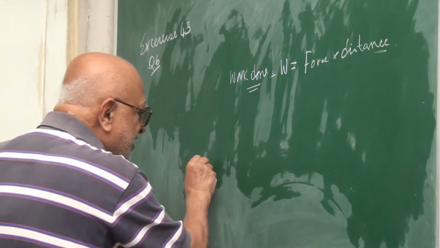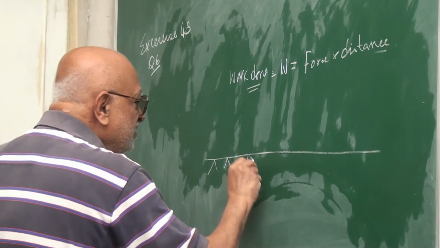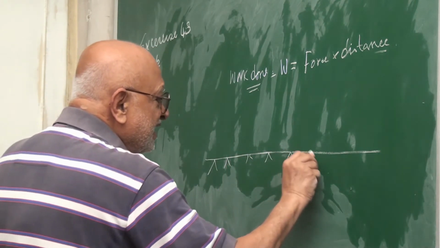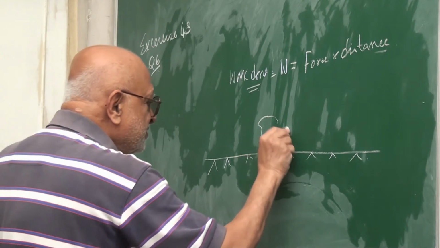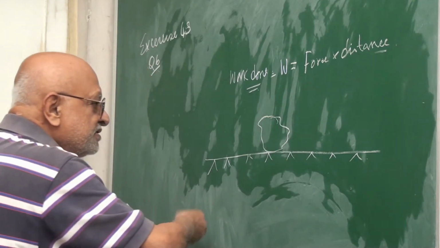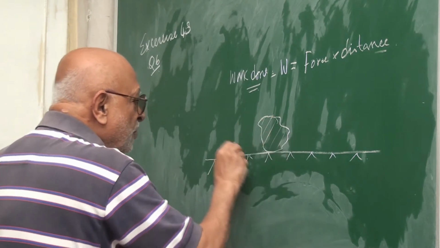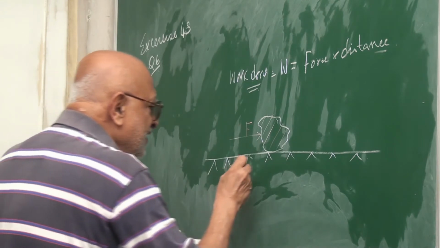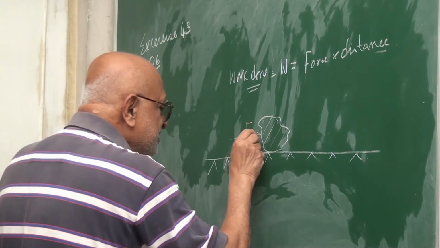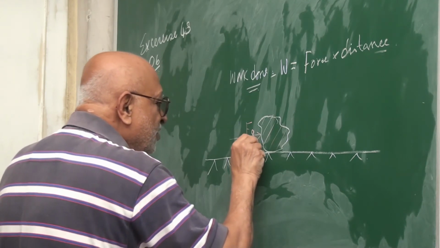Say I have ground, okay, this is the ground, on which I have a boulder or a big stone, right? I have got a big stone and I am pushing it with force. If I am pushing, I definitely need force, because it cannot move by itself.